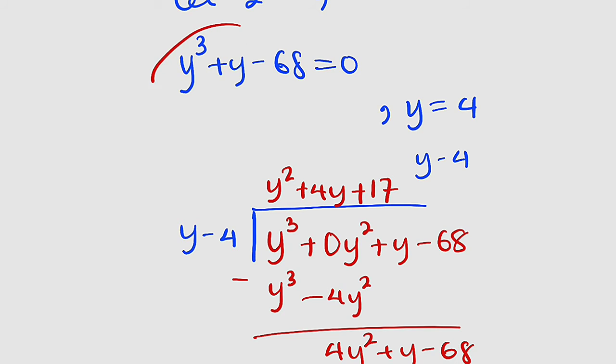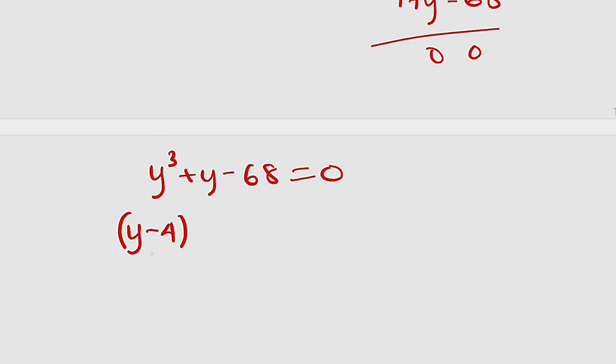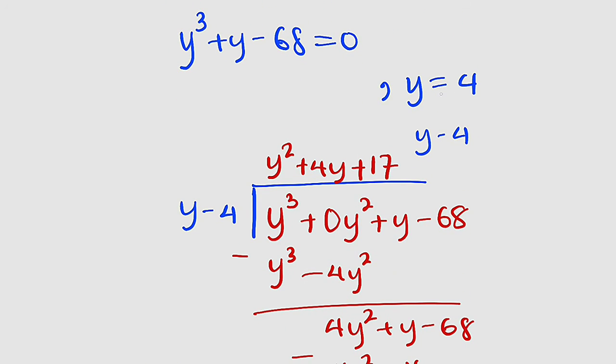So it means that the whole of this, y cubed plus y minus 68, let me write it here, y cubed plus y minus 68 equals 0, is the same thing as the first factor, y minus 4. Remember, this is the first factor, right? And you can see that here.